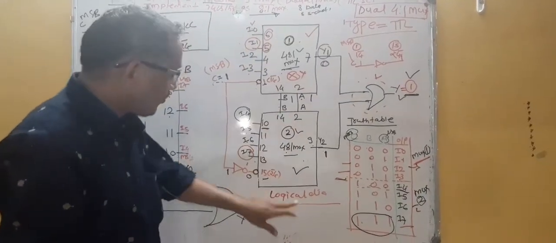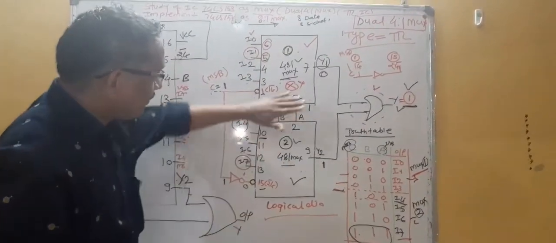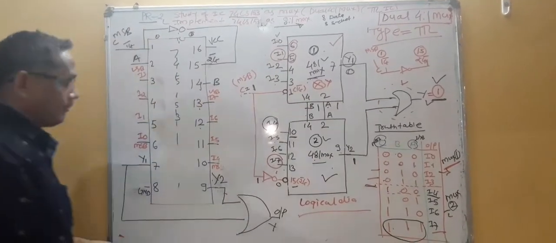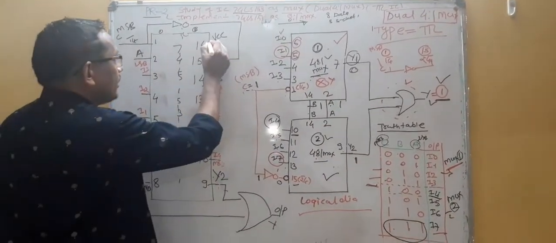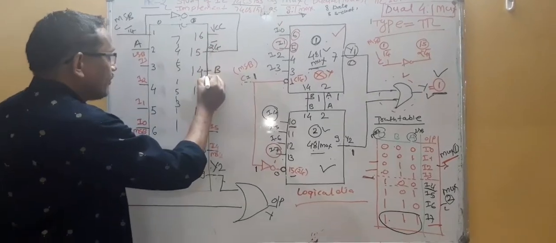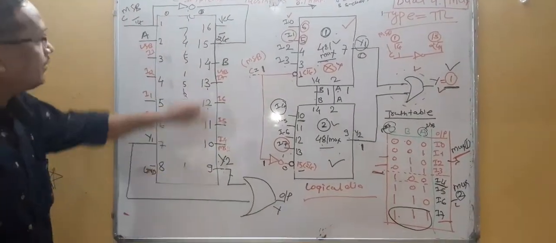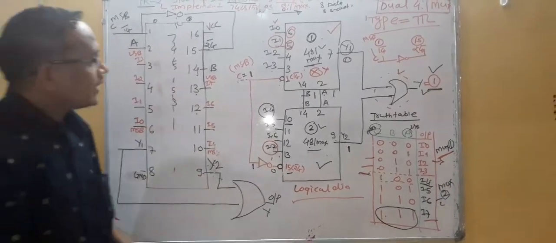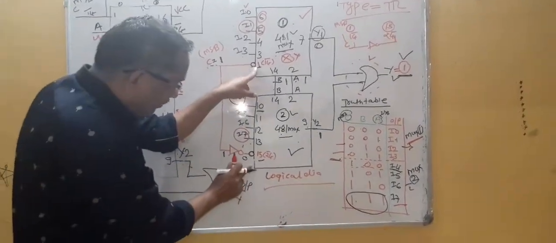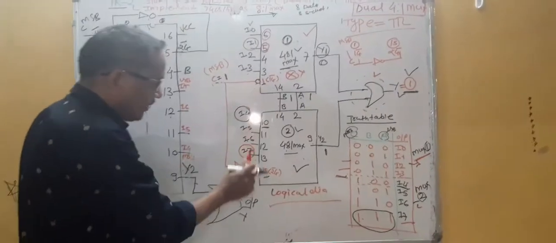Okay, now this is as per the logical diagram. Now the same diagram I will convert in terms of the pin diagram. If I look here, this is the simple pin diagram of your 74LS153, which consists of pin number 1, pin number 8, pin number 9, pin number 16. From pin number 1 to pin number 15, we are applying one inverter. So this is pin number 1, this is pin number 15.